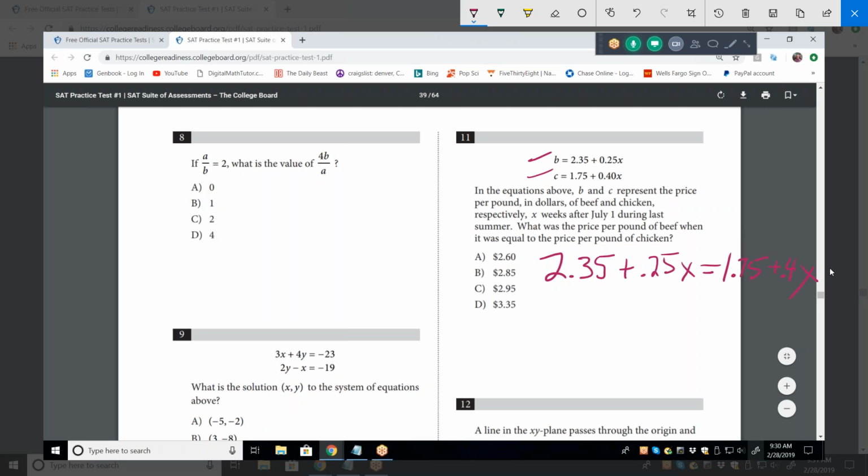Go ahead and solve. Now, let me offer a suggestion. When you have an algebra problem that's got x's on both sides and numbers on both sides, the first decision you have to make is which side am I going to put the x's on in my final answer? The right side or the left side?